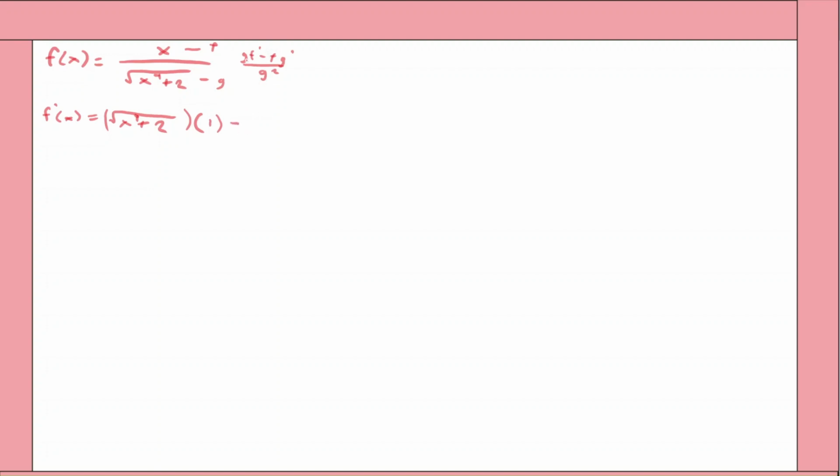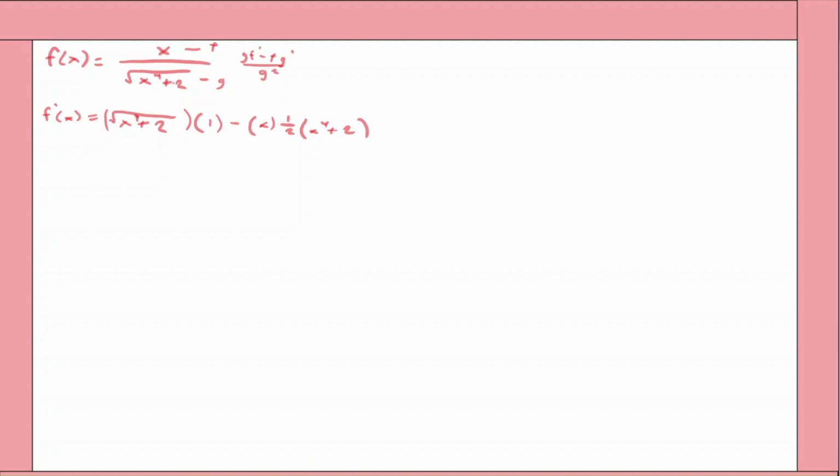And f is just simply going to be x. And then we have g prime. If you remember from last time, we know that a root is the same thing as to the half power. So we're just going to put down the 1/2, and we're going to put the outer one first. So we're just rewriting this one.